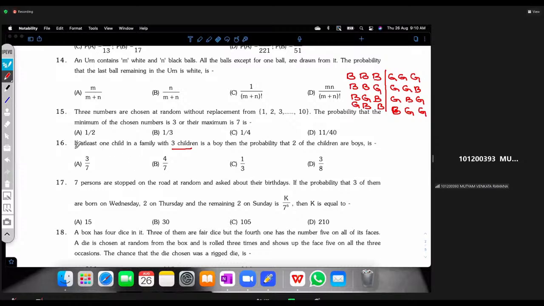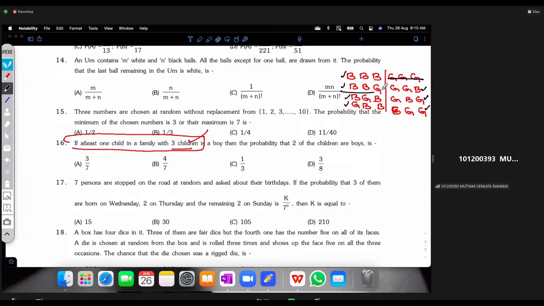Now in this, at least one child is a boy, so they are not considering this one. So they are considering this, at least one boy is already known to us. Then what they're asking is the probability that 2 of the children are boys.